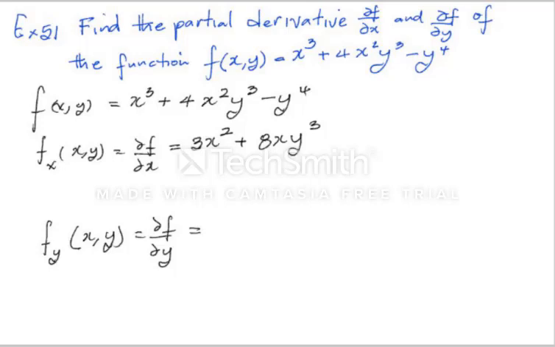And 4x squared y cubed is going to become 12x squared y squared. The power decreases by 1. All right, minus, and then we have 4y, and the power decreases by 1 to the third power. All right.